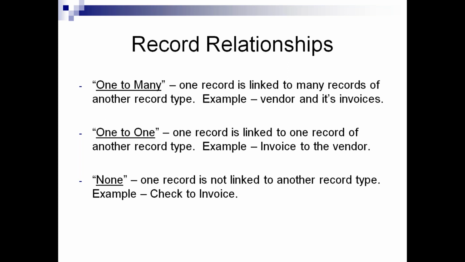So this relationship is something that you need to think about as you're designing your report, especially the one that says none, where there is no relationship between some of the records that you are pulling into the design. And that may come up more often than you think. One of the functions that we're going to look at helps you build a relationship between these records if there is not one to begin with.